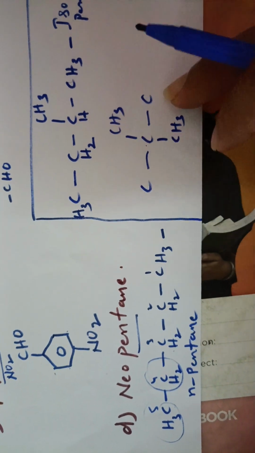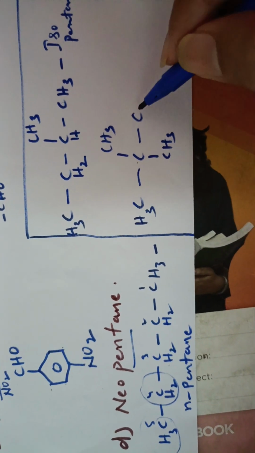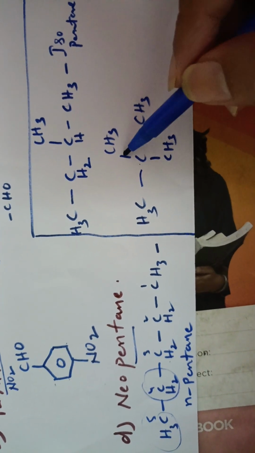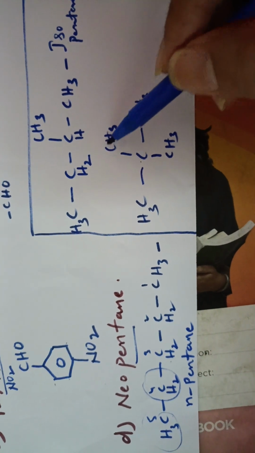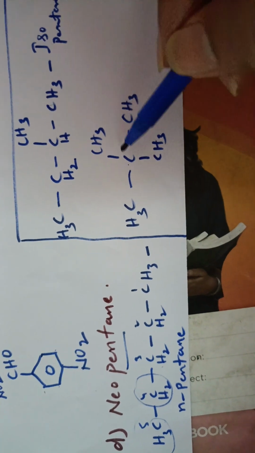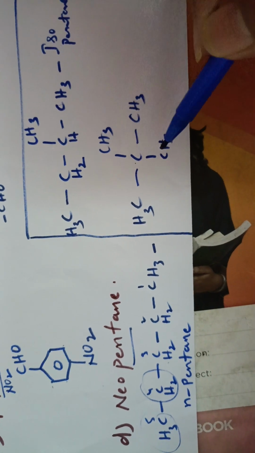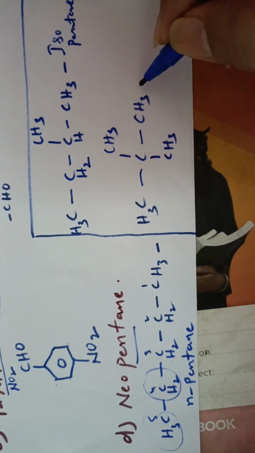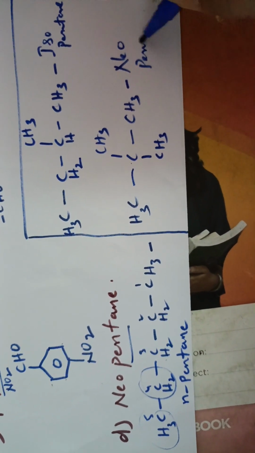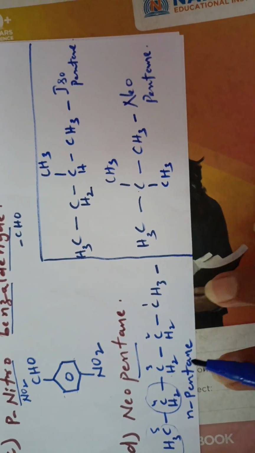The remaining bonds we have to fill with hydrogen atoms. The carbon has a single bond, the remaining 3 bonds with 3 hydrogen atoms. Here also 3 bonds with 3 hydrogen atoms. This carbon has 1, 2, 3, 4 bonds, sufficient. This carbon also has 3 hydrogen atoms, and this one has 4 bonds. Like that, all carbon atoms have 4 bonds. Here, if 2 methyl groups are attached at the second carbon, this compound is called neopentane.